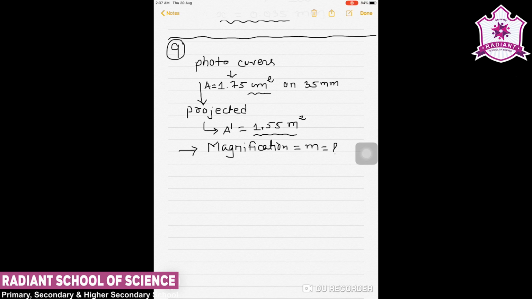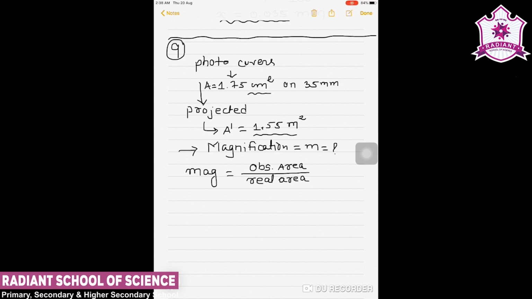So the magnification will be observed value upon real value, in terms of area, observed area and real area.